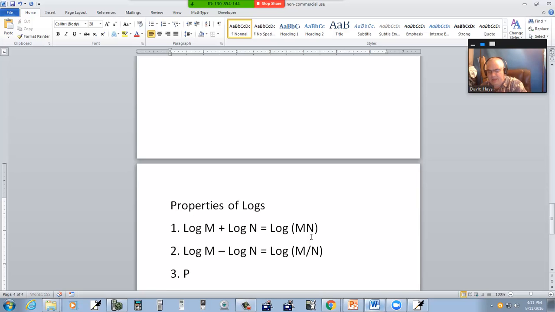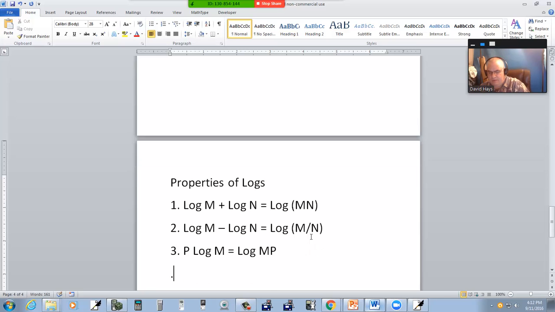And if we've got p log m, that's where we have a number in front of a log, or it could even be a variable, we can rewrite that as a power. Now these are our three main properties of logs that we'll use quite a bit. So let's take a look at some examples.